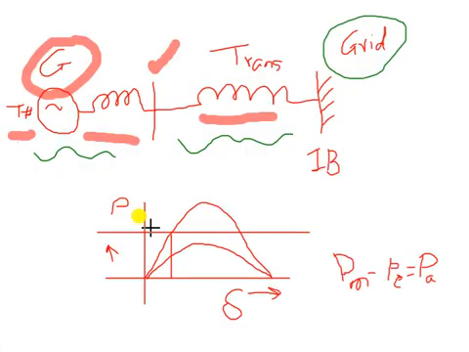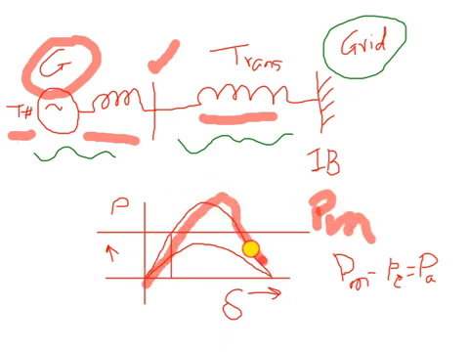Let me go back and discuss something about accelerating power or accelerating torque. You must have already understood the equal area criterion. Here I have drawn a P-delta curve, and here I have shown our normal operating condition, where you have P mechanical, that is mechanical power. This straight line is mechanical power, and this is my electrical power, which is generally shown by a sinusoidal shape.